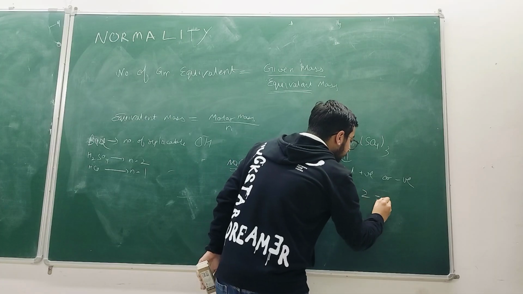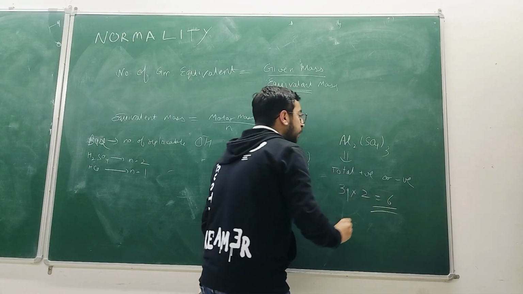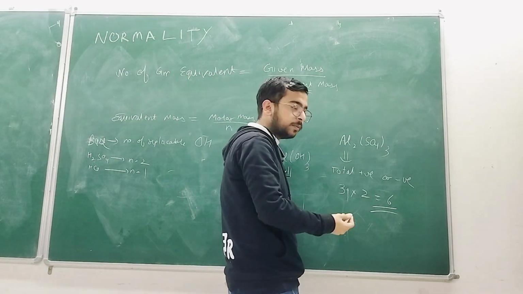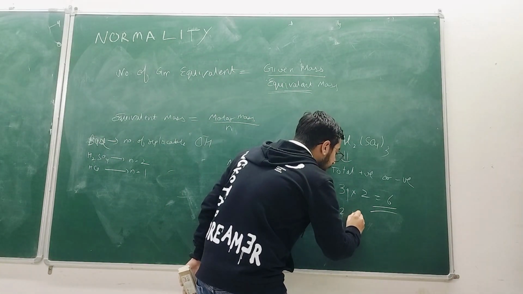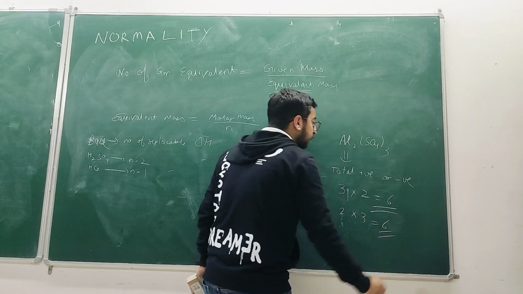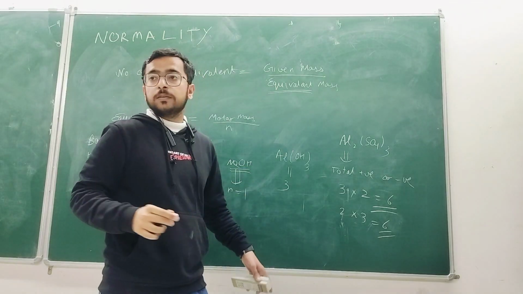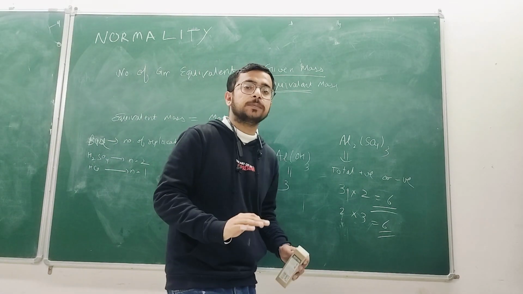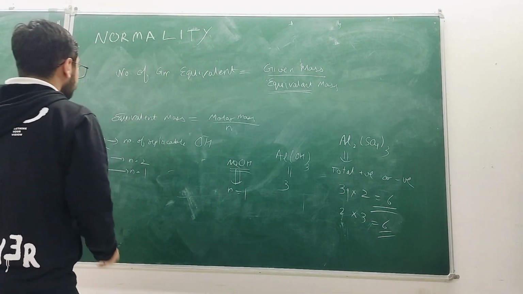So 2 into 3, valency factor for Al2(SO4)3 is 6. Similarly, you can also find it by SO4. SO4 has 2 minus charge, and here there are 3 SO4 ions, so valency factor again comes to be 6. So for salts, valency factor is the total positive or negative charge. Hope you have understood.